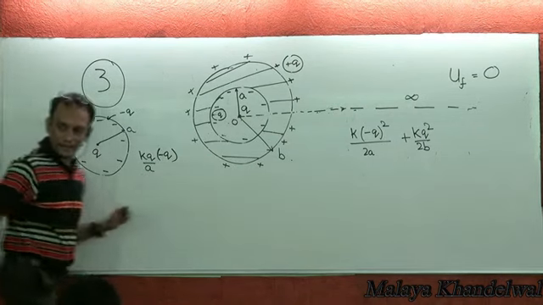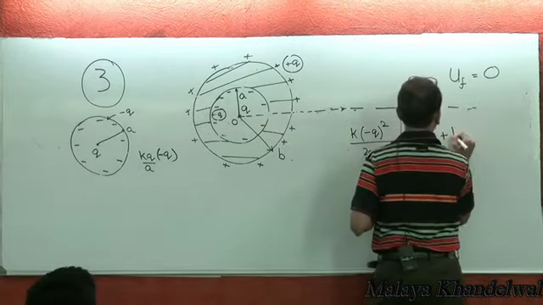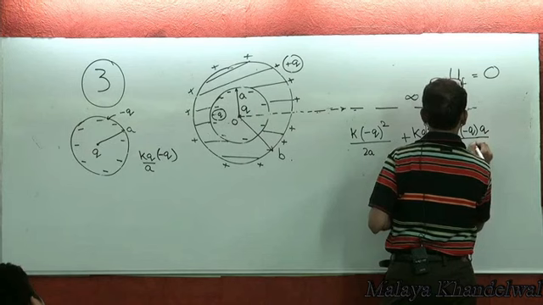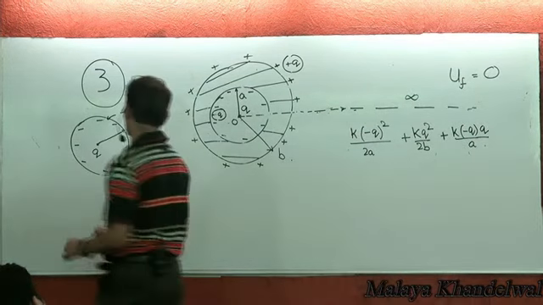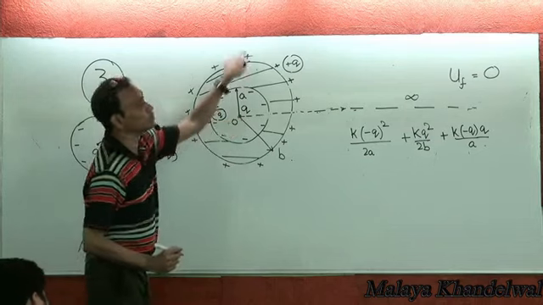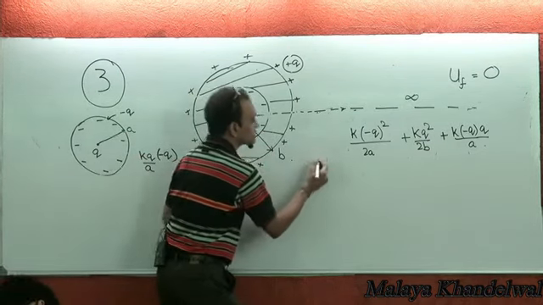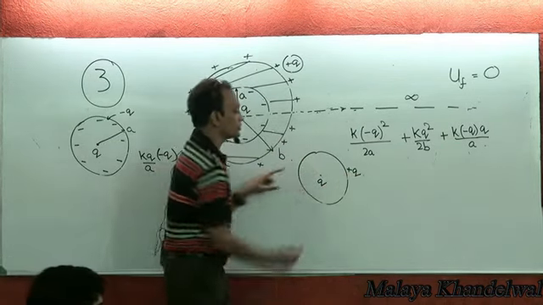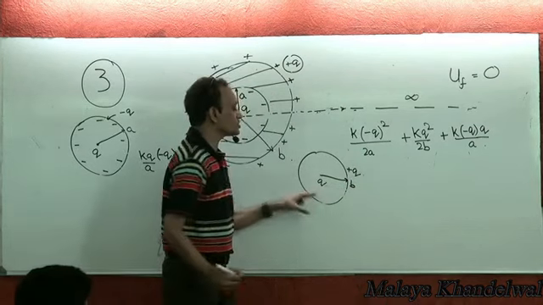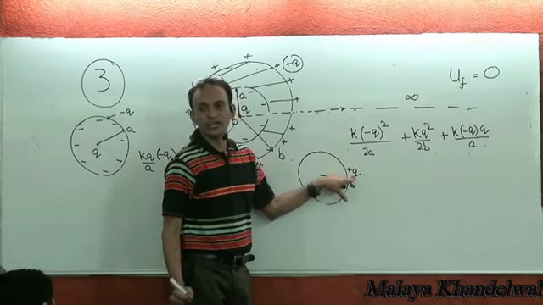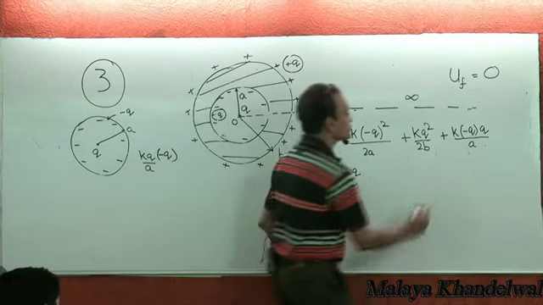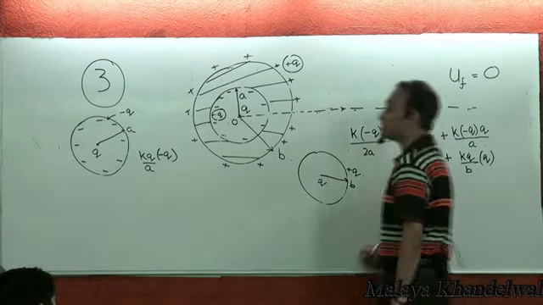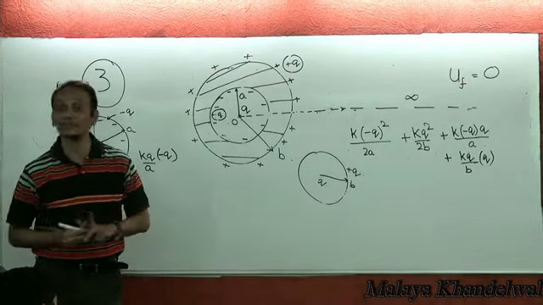KQ into minus Q by A. Now, there is also interaction energy between this Q and this plus Q. If there was plus Q uniformly distributed on radius B, then the potential on this is going to be KQ by B into Q. That's going to be the interaction energy of this and this. So which is like KQ by B into Q. That's interaction energy. There is one more interaction energy.